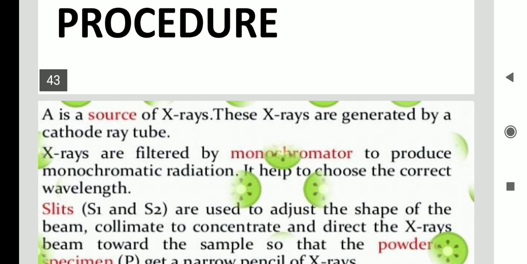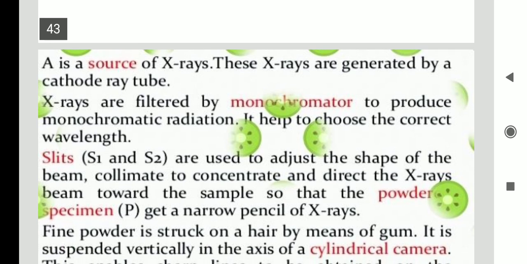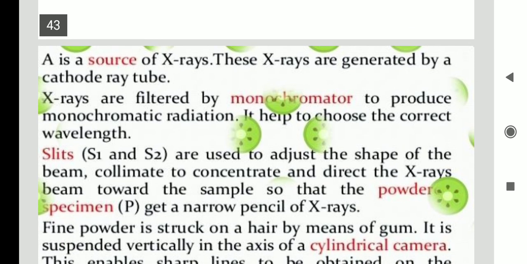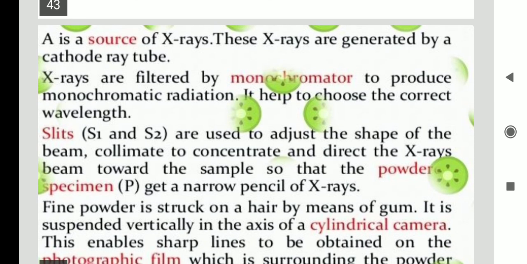The monochromatic radiation is passing through slits S1 and S2. It helps to choose the correct wavelength, meaning a suitable wavelength will be set by the monochromator. The slits S1 and S2 are used to adjust the shape of the beam.